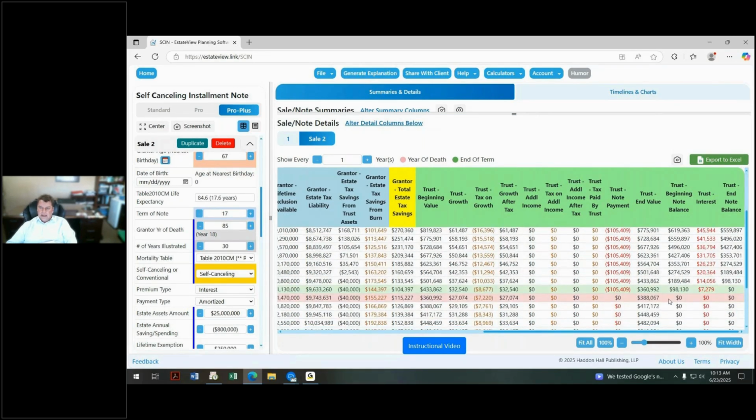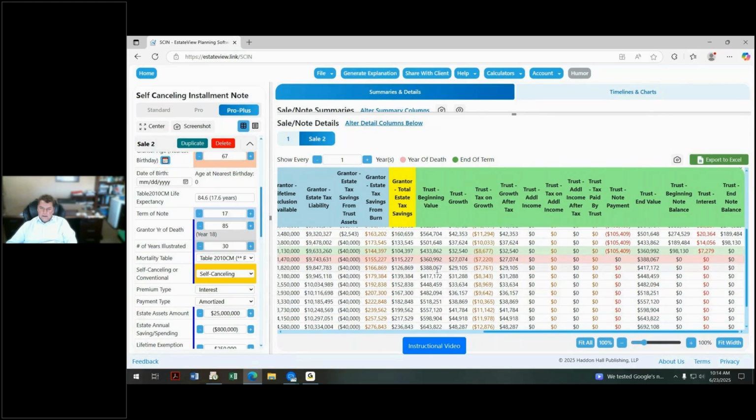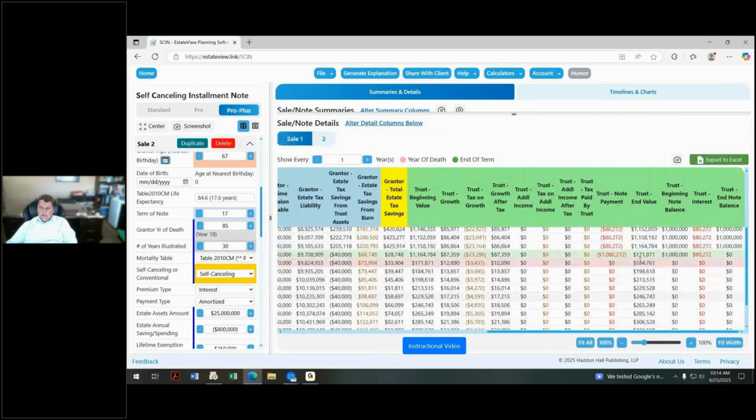And you can see actually that in this situation, the trust value is comparable. If we look at the value of the trust right after, the trust ending value would be 388,067, and then if we look over here again, it's 184,761.